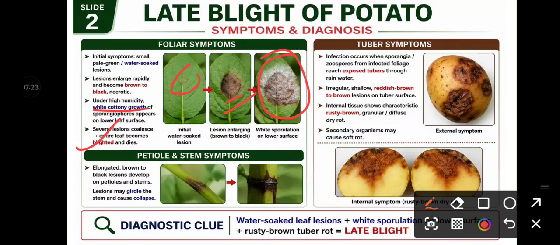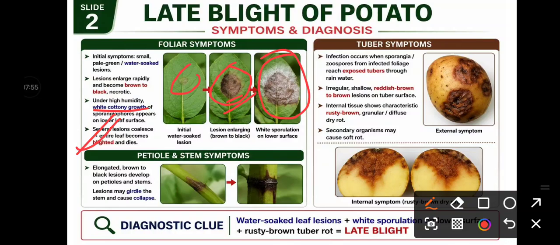See, this is the major difference between blight and spot: if this necrotic spot is restricted to a particular place, then we will just simply call it leaf spot. But if many spots coalesce and ultimately affect a larger area causing heavy destruction, that will be called blight. Okay, so this is the basic difference between leaf blight and leaf spot.